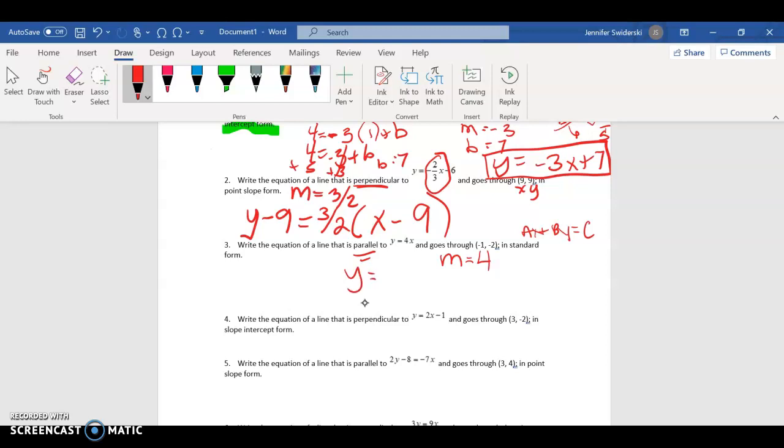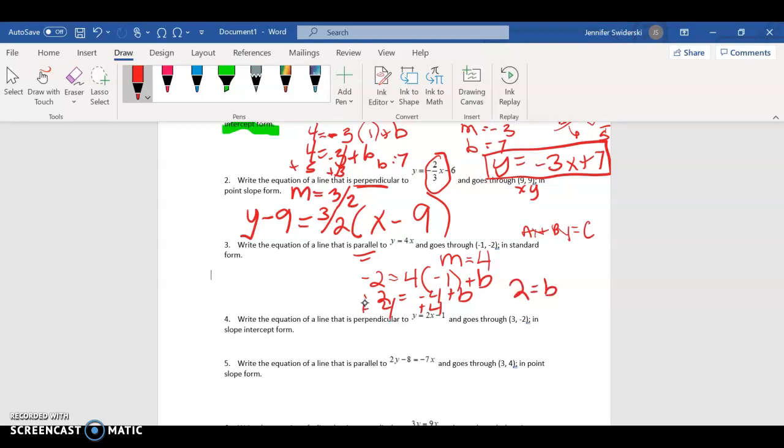So we get y equals my slope, sorry, not y. We're going to get -2 because we're plugging it in. -2 equals my slope times x plus b. I'm going to solve. -2 equals -4 plus b. I'm going to add 4 to both sides. We get 2 equals b.